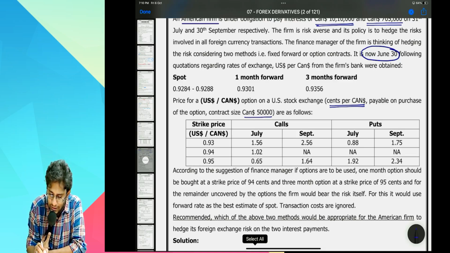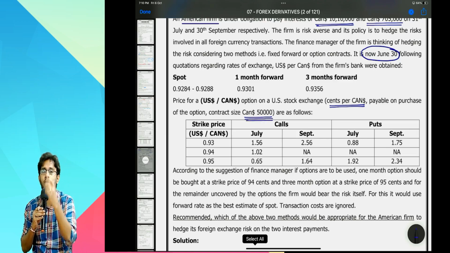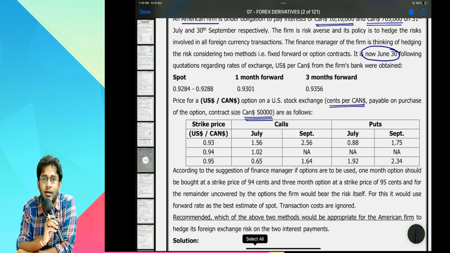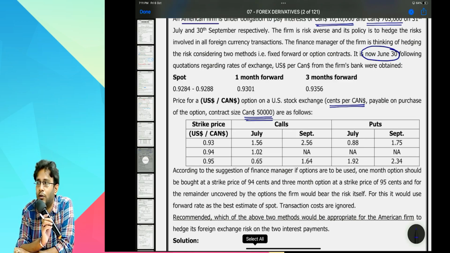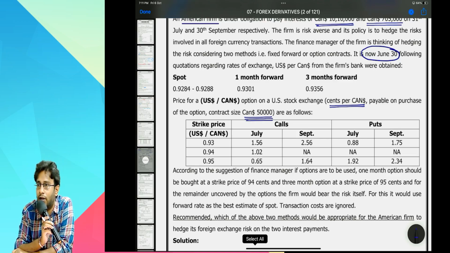Look at this, a clearer hint is given. Contract lot size is in CAN dollar. If the lot size is CAN dollar, the underlying asset is also CAN dollar. So your hedging will be done using route 1. You have to buy a call option on CAN dollar.